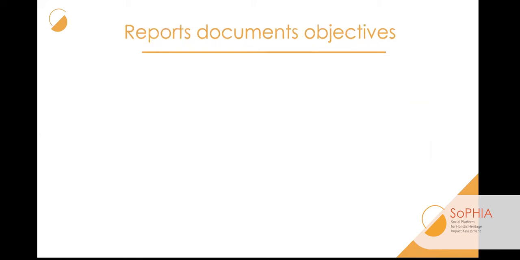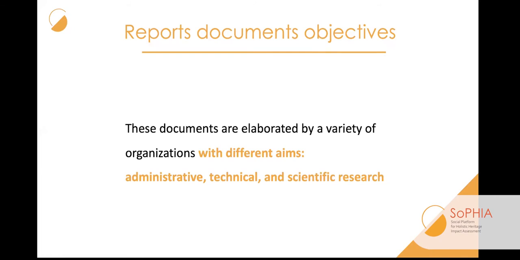Then there is another source that we found very important, which is report documents, in which it's easier to find clear objectives, to understand how we can draft the relationship between objectives, expected impact and impact assessment. These documents are elaborated by a variety of organizations with different aims.